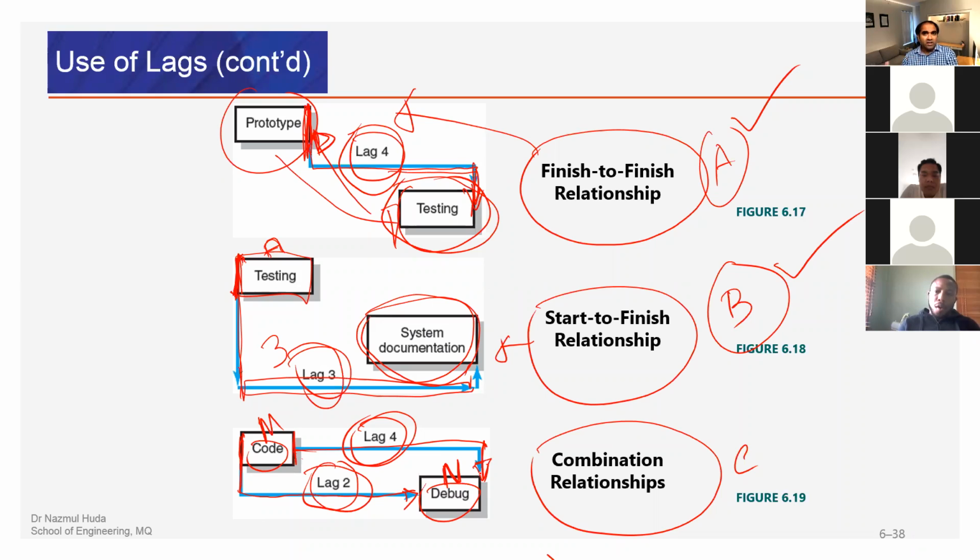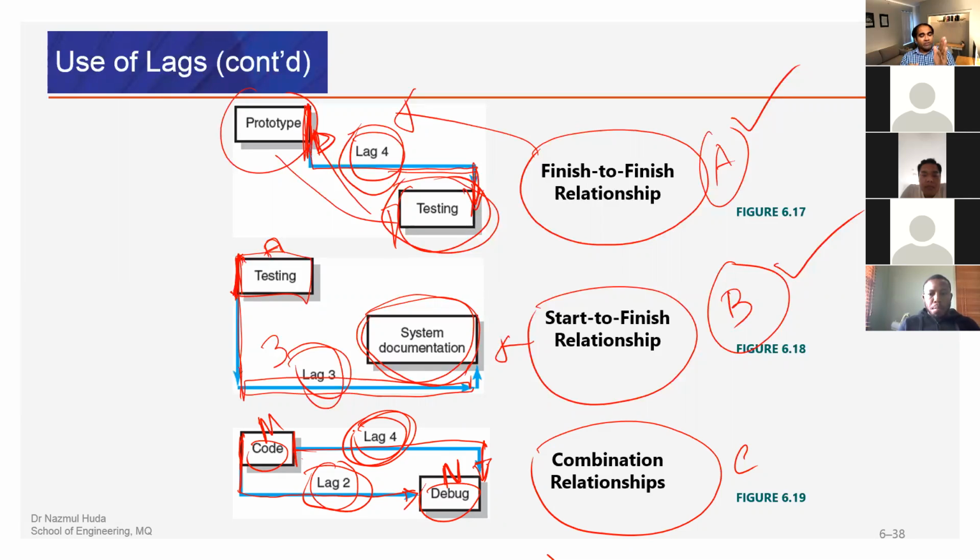We cannot delay the debugging process until the maximum time we have to finish the debugging process. Once we finish the coding process, it is 4 days. So it's a both-way restriction. We are restricting the start and we are restricting the finishing time, both. So this is a combination lagging process. One is a start to start: once coding starts, debugging must start within 2 days.